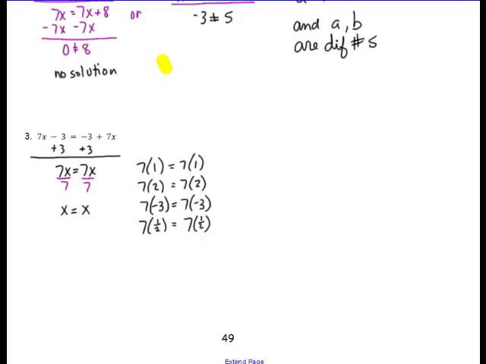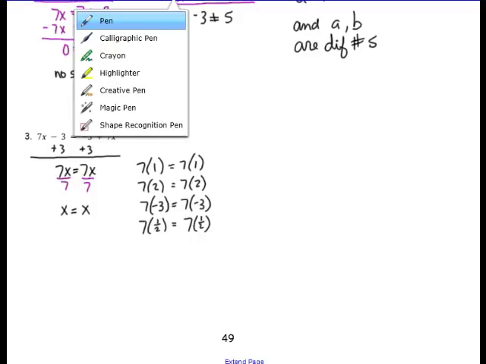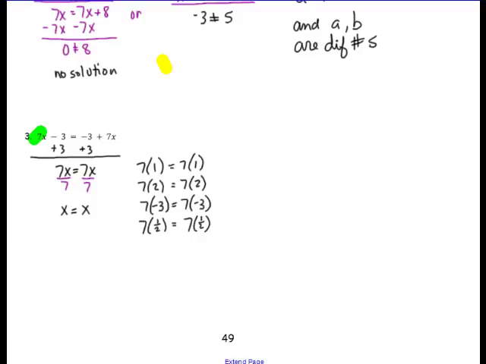What can you say about the coefficients of the terms with x in this equation? The coefficients are the same. What can you say about the constants in this equation? The constants are the same.